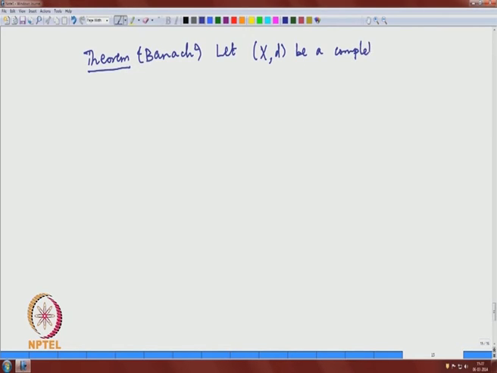Completeness plays an important role; without completeness, the conclusion of this theorem may be false. And let T, a mapping from X into X itself, be a contraction.